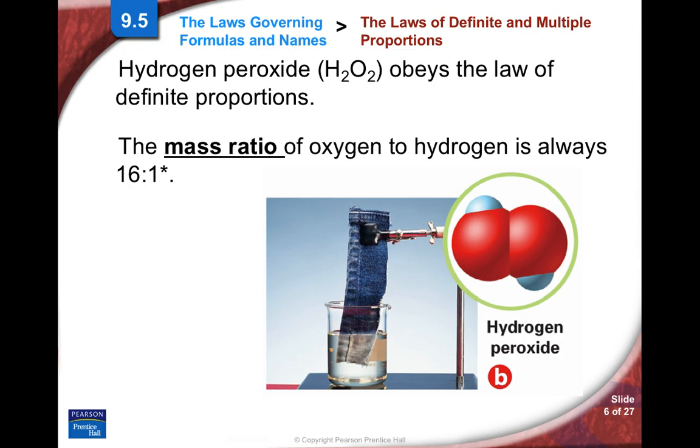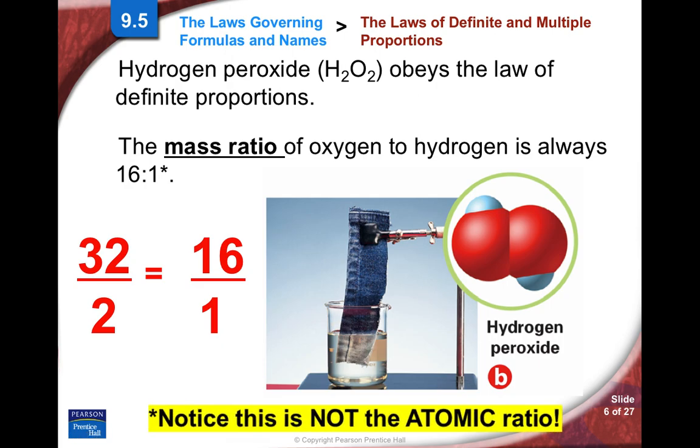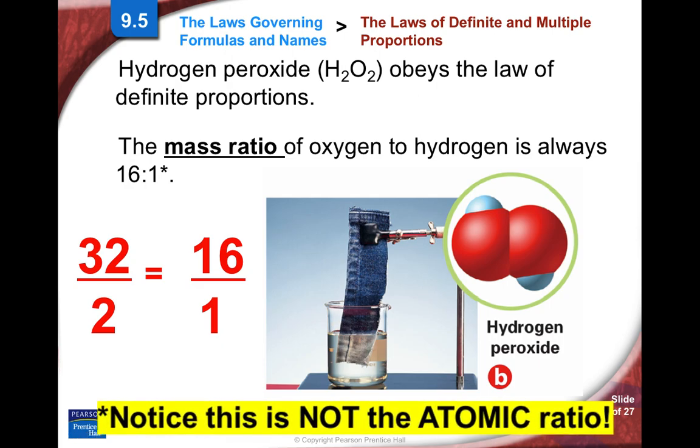In this case, however, the mass ratio of oxygen to hydrogen is always 16 to 1: 32 grams oxygen for every 2 grams of hydrogen. And again, we reduce to the simplest form, 16 per 1. Again, that's not the atomic ratio, not the number of atoms of hydrogen to the number of atoms of oxygen, but there's something going on here.